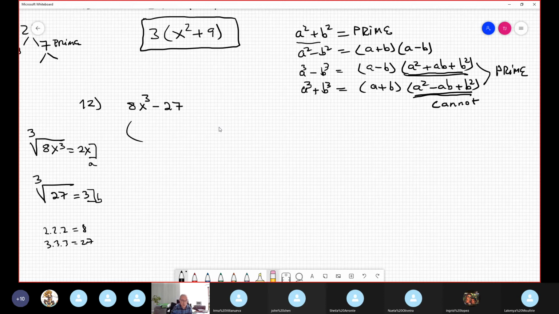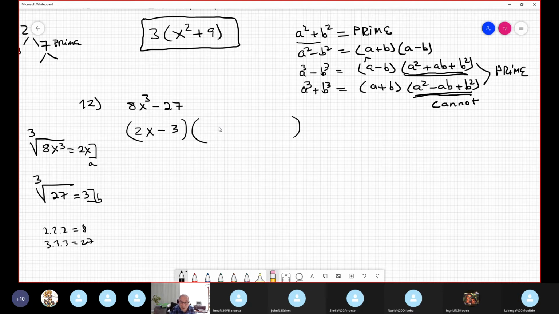So you open two parentheses, one short, one long. Inside the short one, you copy 2x and 3, and the sign is minus, exactly like this.